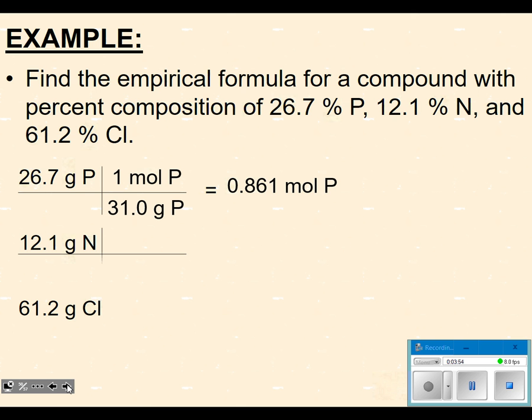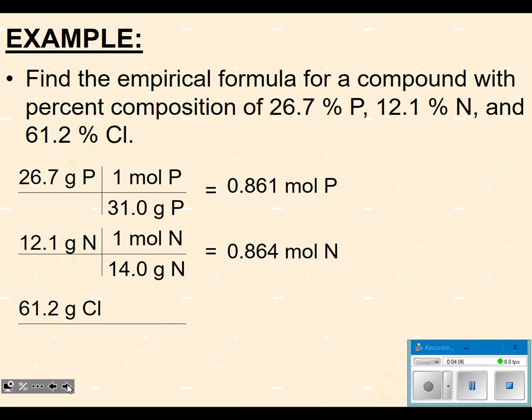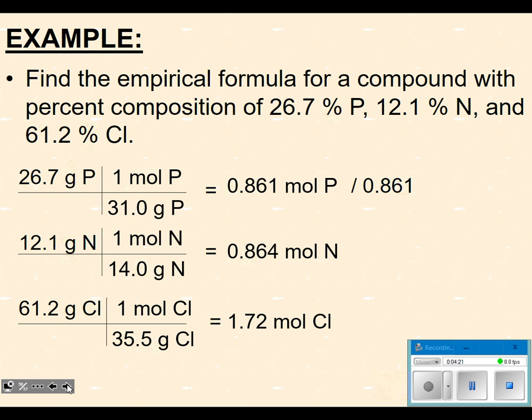For nitrogen, the gram atomic mass off the periodic table is 14 grams for every 1 mole. So when we do that dimensional analysis, we end up with 0.864 moles of nitrogen. And for chlorine, the atomic mass is 35.5 grams for every 1 mole, so we come up with 1.72 moles of chlorine. So we divide by the smallest amount, which is 0.861.